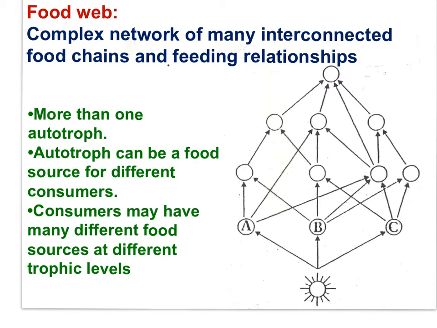Just for the record, we have more than one producer. Producers can be the food source for different consumers, and consumers may have different food sources at different trophic levels. Consumers, all of these organisms, are heterotrophs that feed on the organic molecules of living organisms by ingestion.